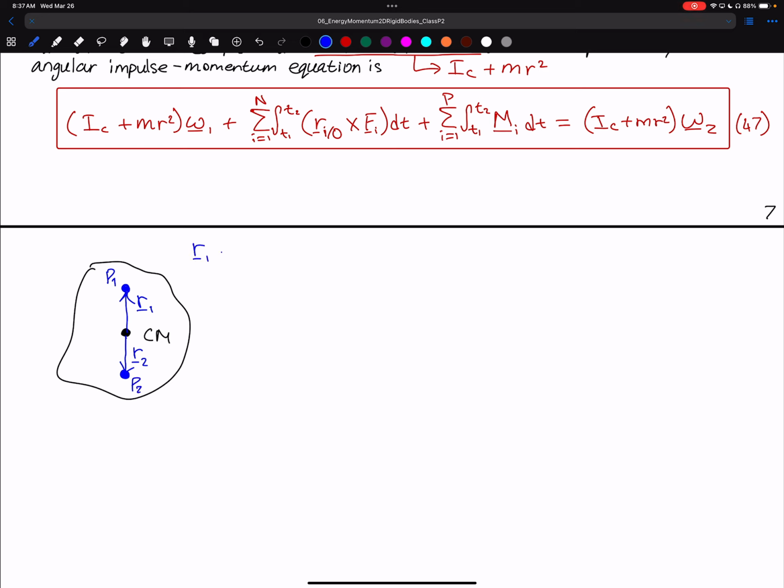And I've chosen these particles such that R2 is the negative of R1. Specifically, R1, we're going to say is 0 in the i direction. We'll just add a coordinate system i, j, centered at the center of mass for this case. And R1 here is 0i plus aj, and then R2 is 0i minus aj.